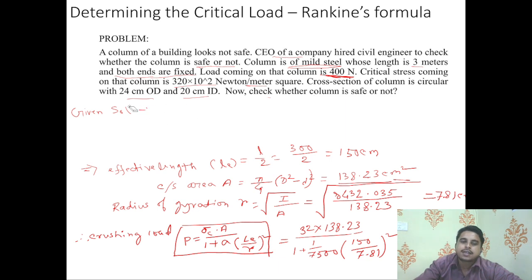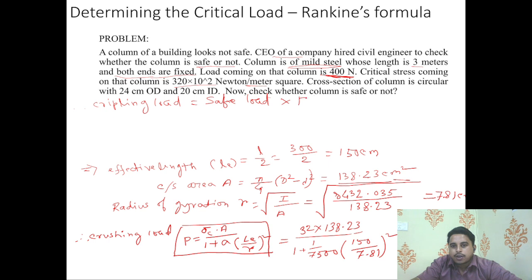From that equation, we will find the safe load. The relation is: crippling load is equal to safe load into factor of safety, that is FOS.